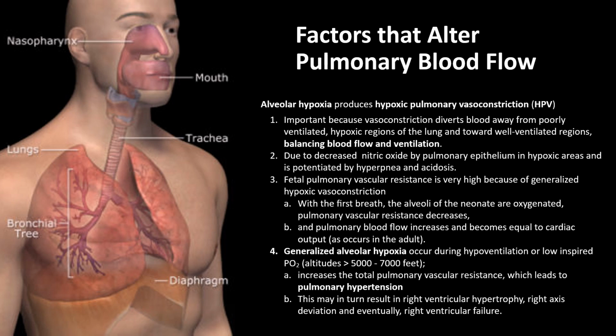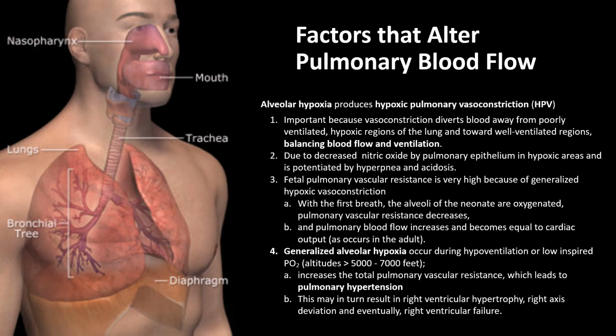This results from decreased formation and release of nitric oxide by pulmonary epithelium in hypoxic areas, and is potentiated by hyperpnea and acidosis. Fetal pulmonary vascular resistance is very high because of generalized hypoxic vasoconstriction. As a result, blood flow through the fetal lungs is low.